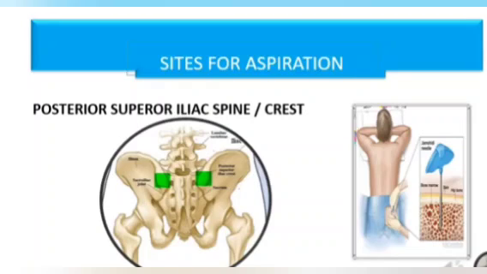This is the most suited site in adults and children over 2 years of age. It has the ease of puncturing multiple sites in one go, as well as sampling a large volume of bone marrow. It is safe, and as the patient cannot see it, it causes less apprehension to the patient.